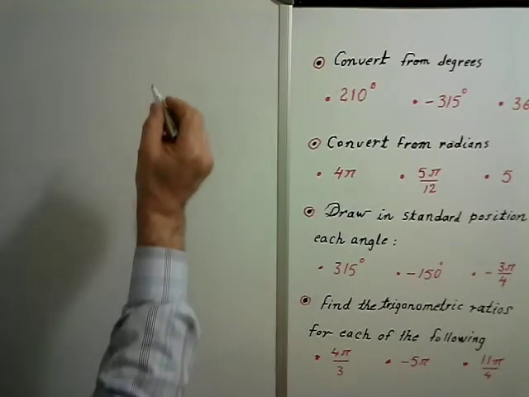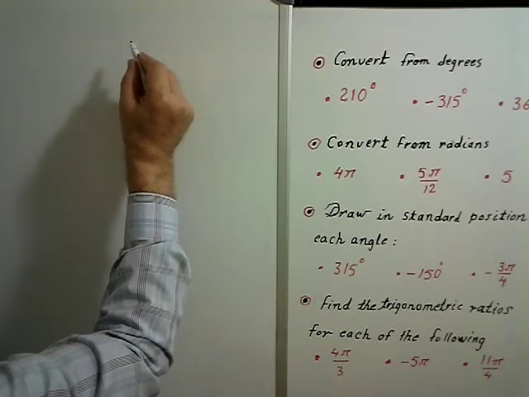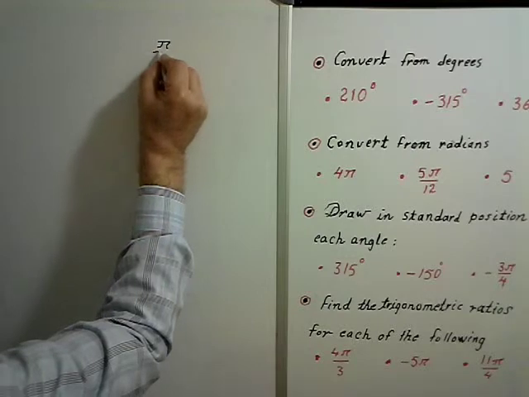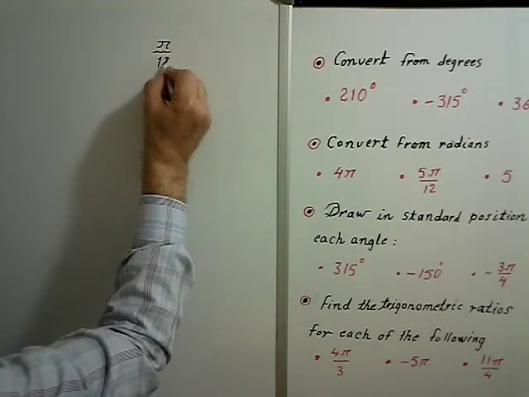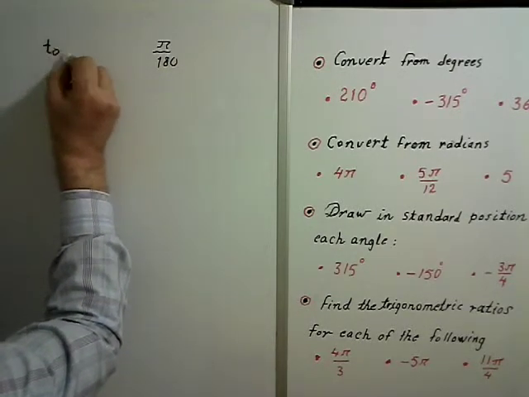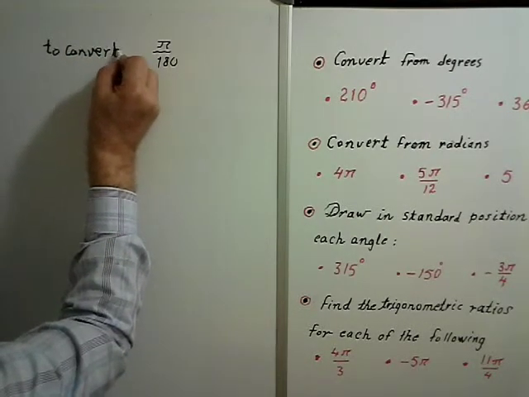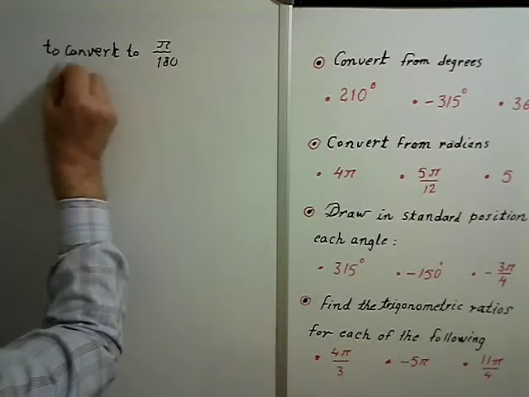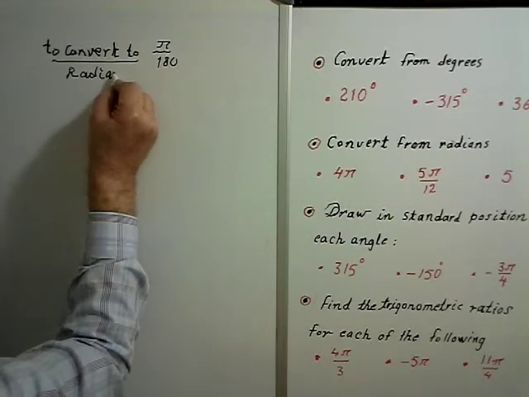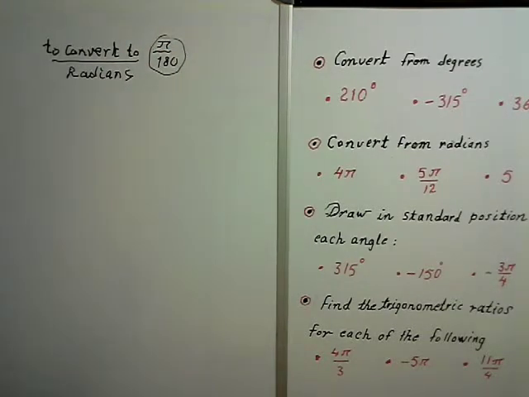You remember, when you need to convert from degrees to radians, you have to multiply by the ratio pi over 180.